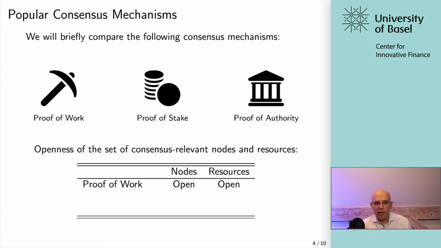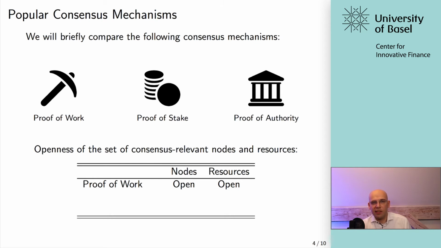Now, when you look at a small comparison right here of these consensus mechanisms, then you can talk about nodes or resources. The idea with nodes really is, do we have predetermined restrictions? So do we have a certain, closed set of people that can contribute towards consensus?